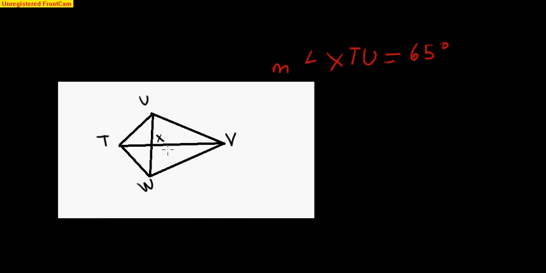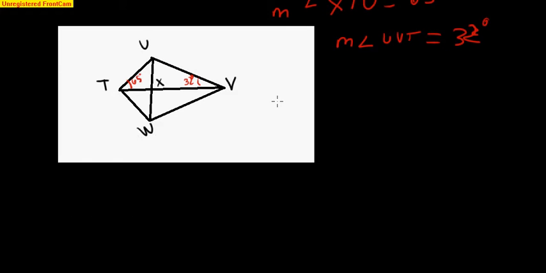And in addition, it tells us that the measure of angle UVT is equal to 32 degrees. And it's asking us to find several things. So let's go ahead and go into problem number 37.